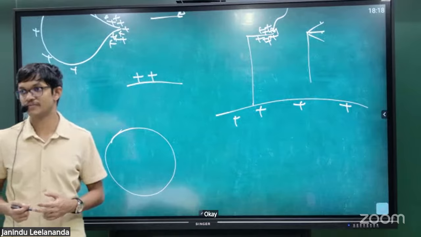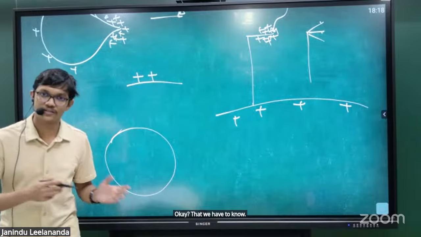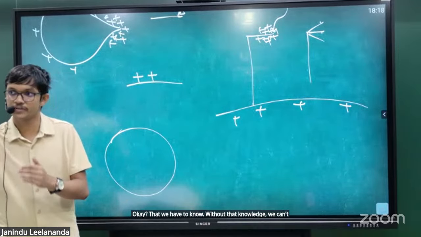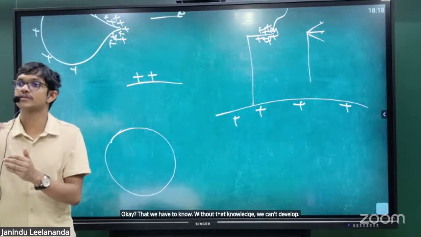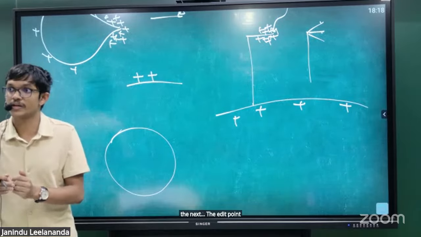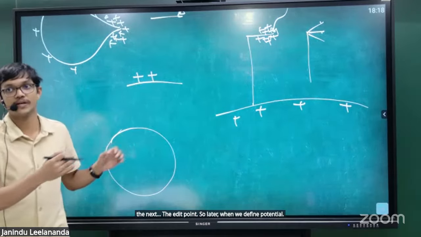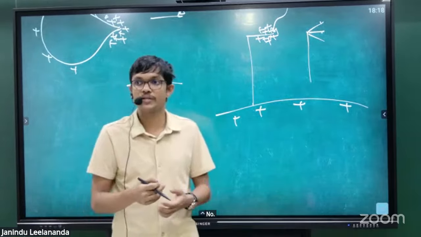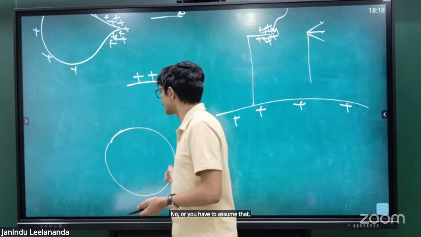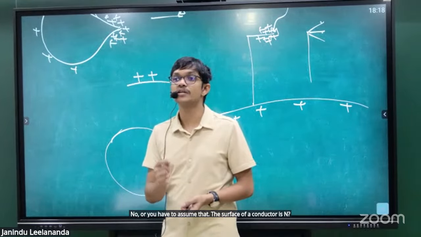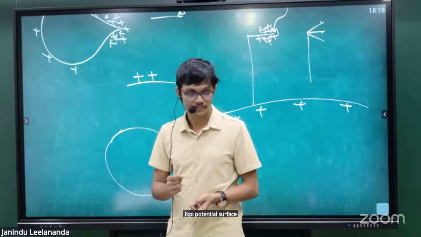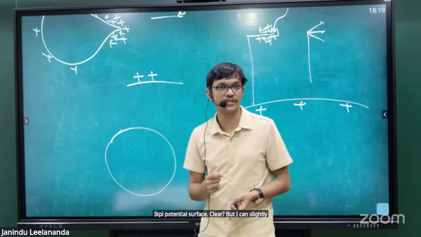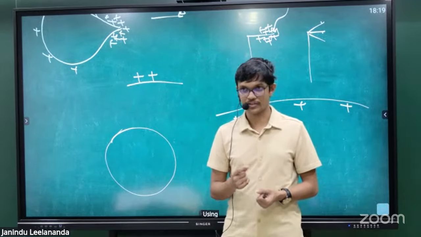Without that knowledge, we can't develop the next theory points. So later when we define potential, you will understand this. For now, you have to assume that the surface of a conductor is an equipotential surface. But I can slightly explain that using your O-level knowledge.